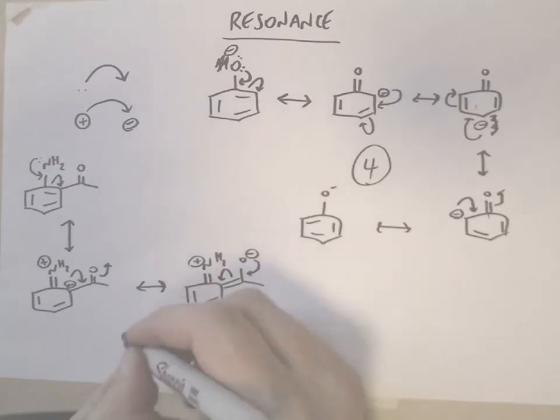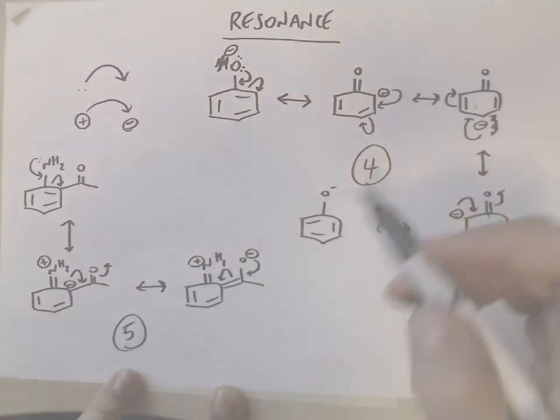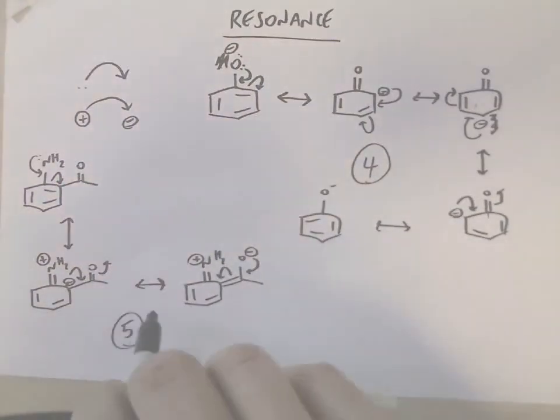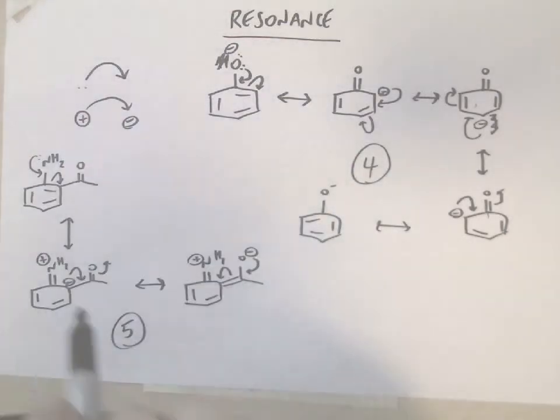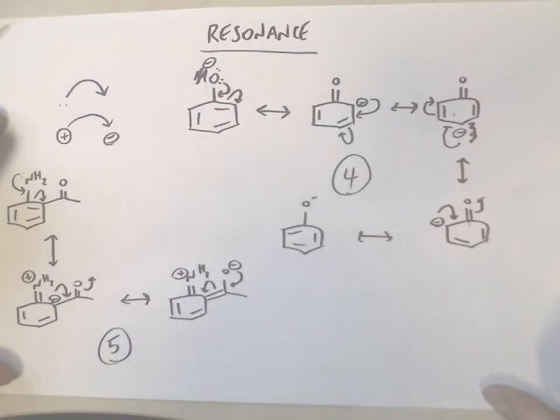So it has 5 resonance structures rather than 4. So it tells us that the electrons are distributed over more atoms when you have more groups on that ring for the charge to be delocalized onto.